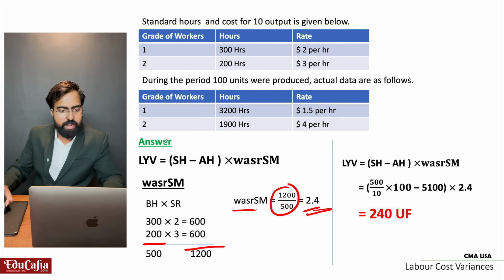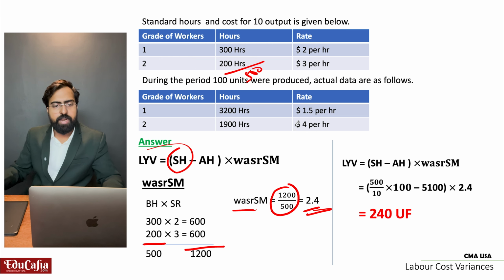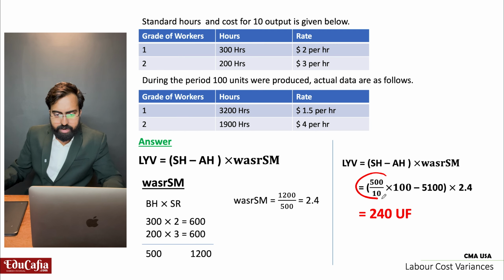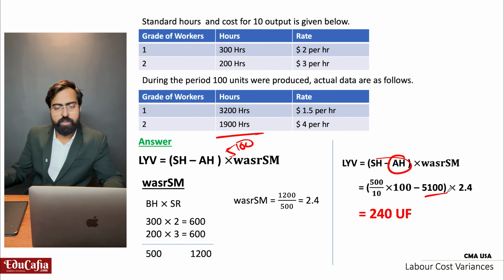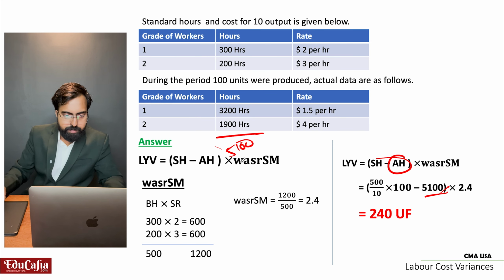So what is the standard hour? Standard hour means total I am having 500 for 10 hours. Here totally 100 hours. So 500 divided by 10 into 100 minus, what is my total actual hour, 5100, into my weighted average, that is 2.4.